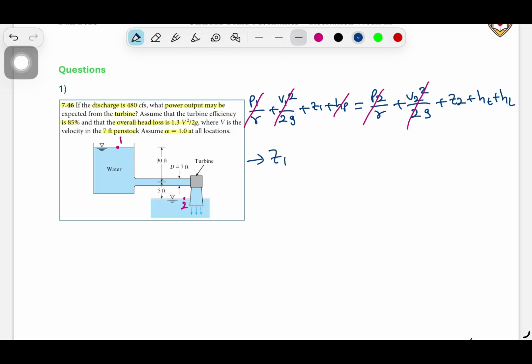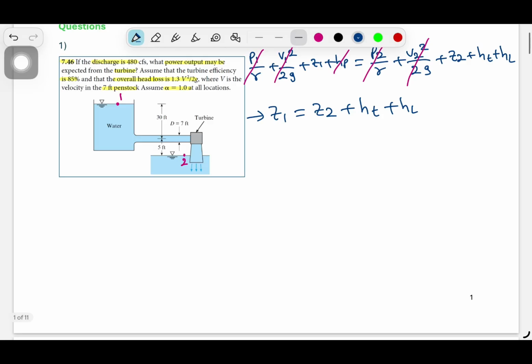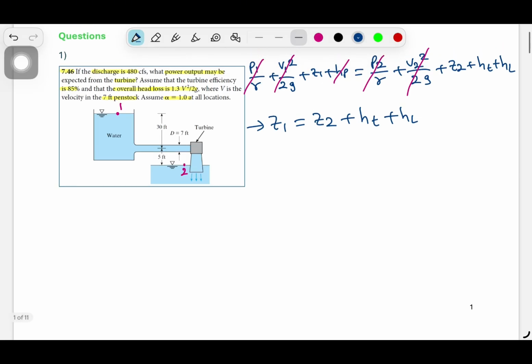So we have Z1, which is the elevation of point 1, equal to Z2 plus the turbine's head and the head loss. Here, the head loss is given as 1.3 V square over 2G. And we need to find HT because then we can find the power output.